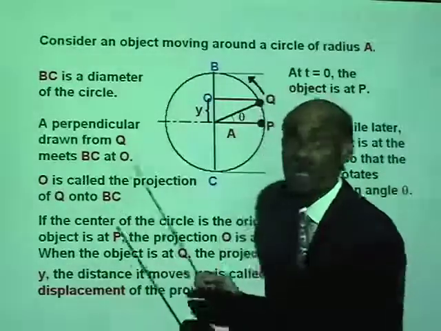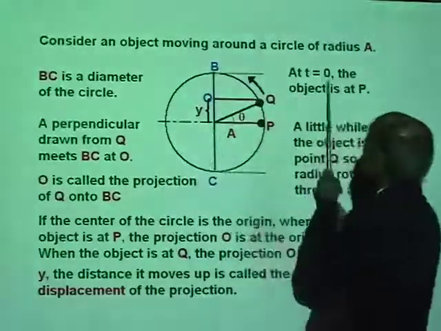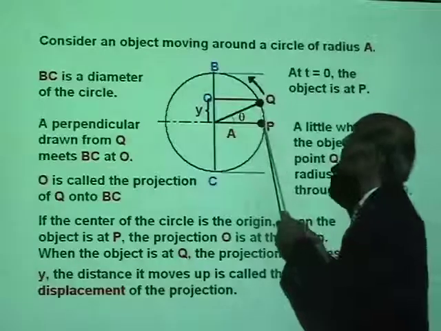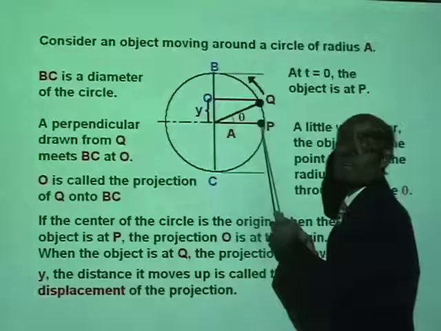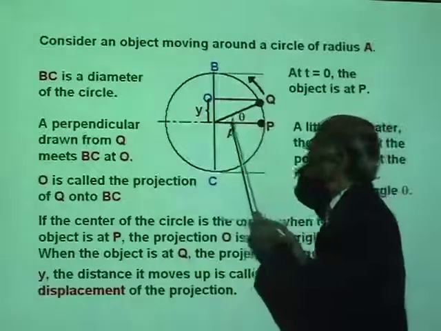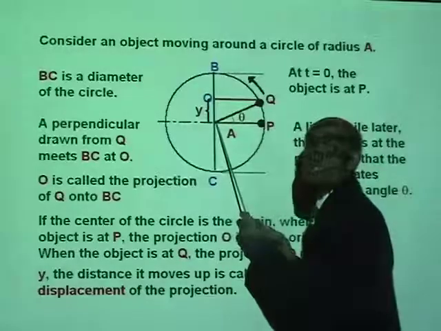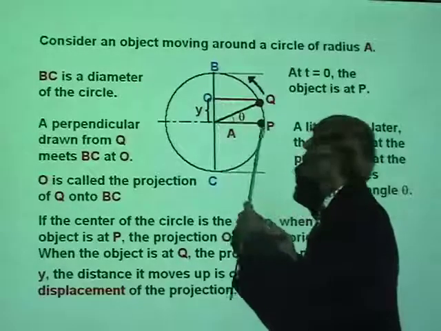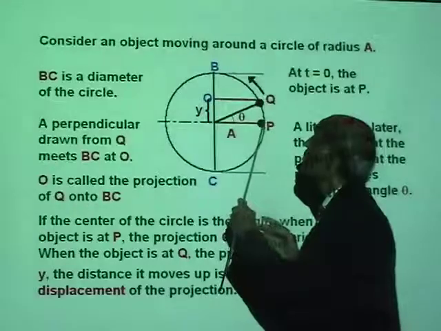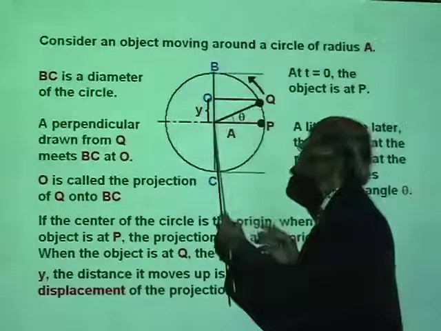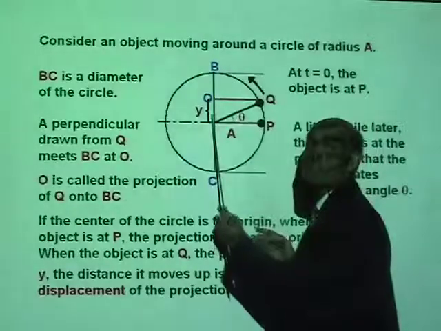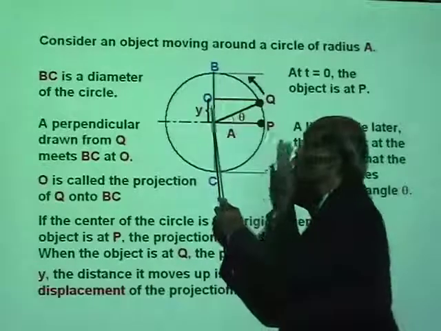Shall I say that again? When I start my clock, t equal to 0, the object is at P, and its projection is at the origin. As P moves along the circle, its projection moves up on the diameter.